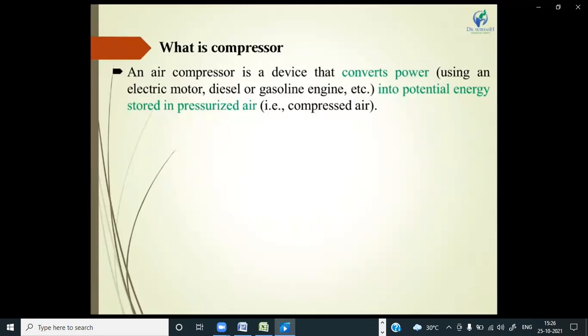We have to know that normal compressors work with air or gas and pumps work with liquid, but here we have to compress the air.